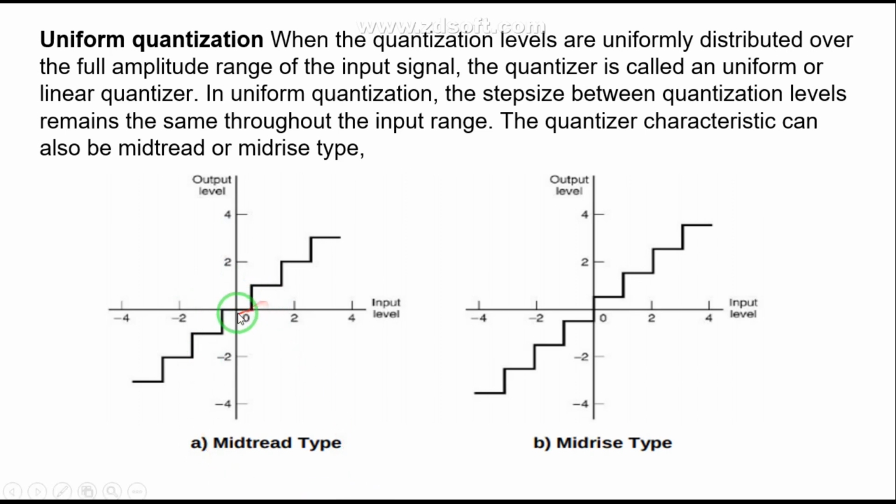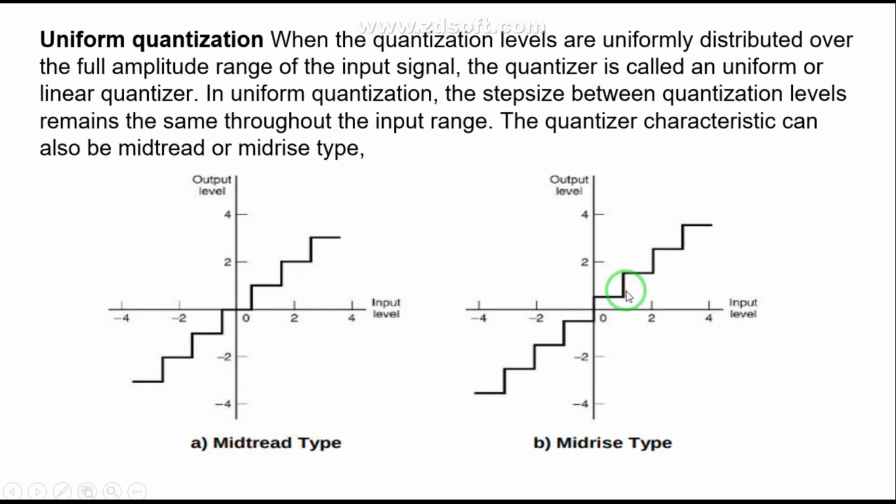This is called the tread in the staircase waveform, and this vertical line is called the riser. So the origin lies in the middle of the tread of this staircase graph, and that's why it is called mid-tread type.